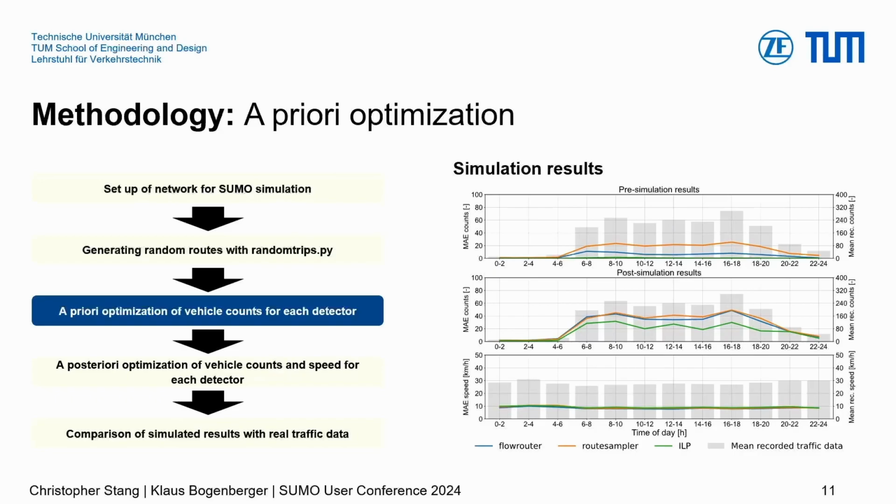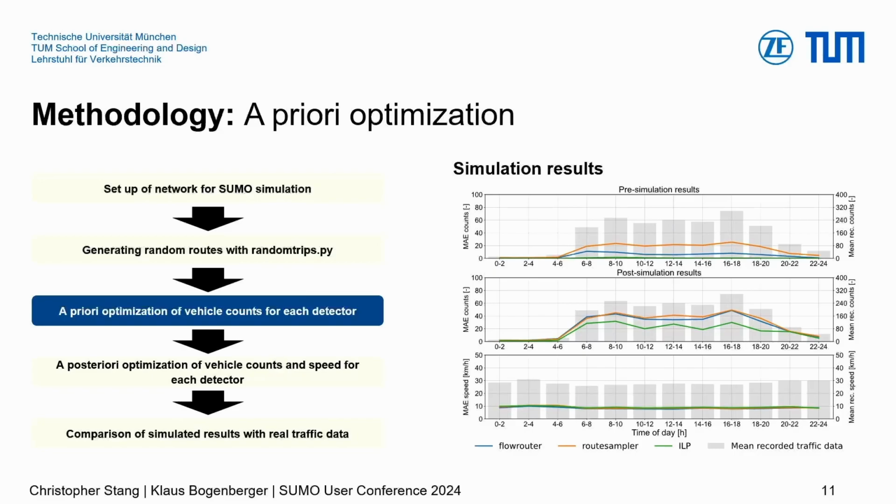We also have to differentiate between pre- and post-simulation results. Pre-simulation results are the direct result of applying an a priori optimization technique, that means before any simulation process has been carried out. The post-simulation results are the results produced by the traffic simulation.